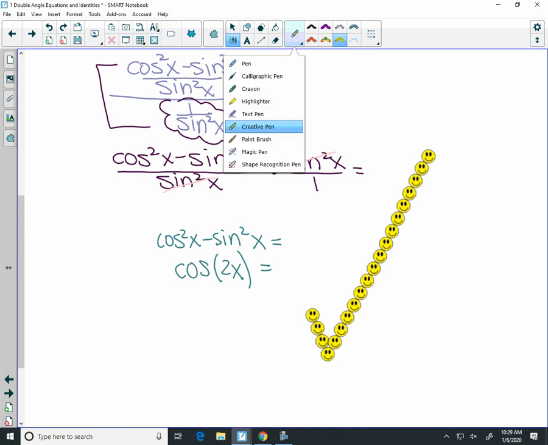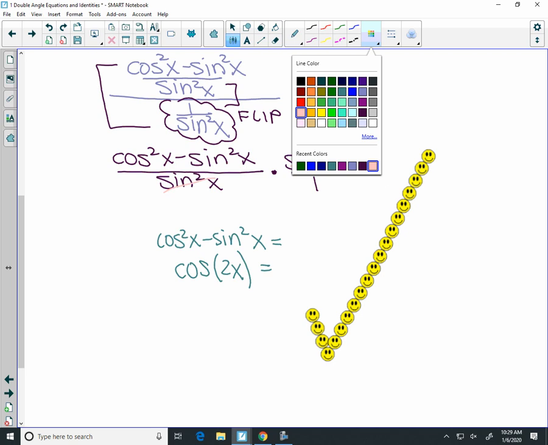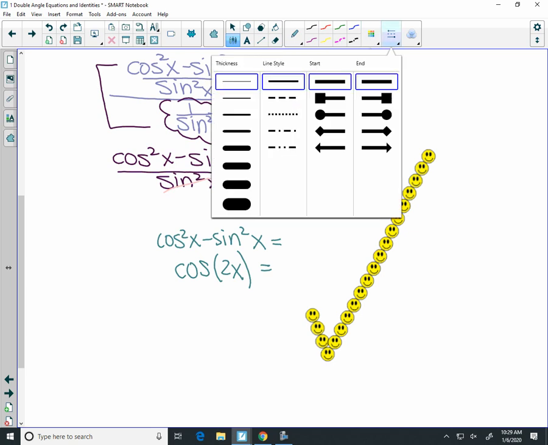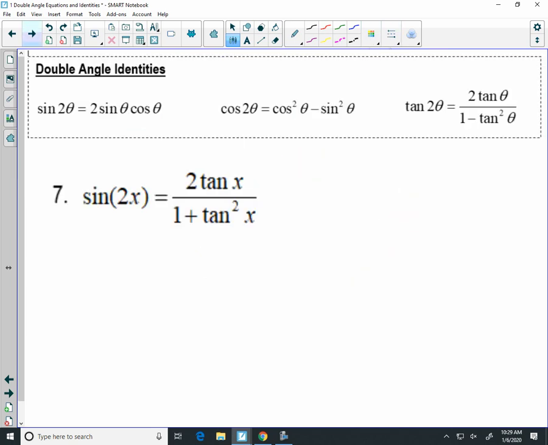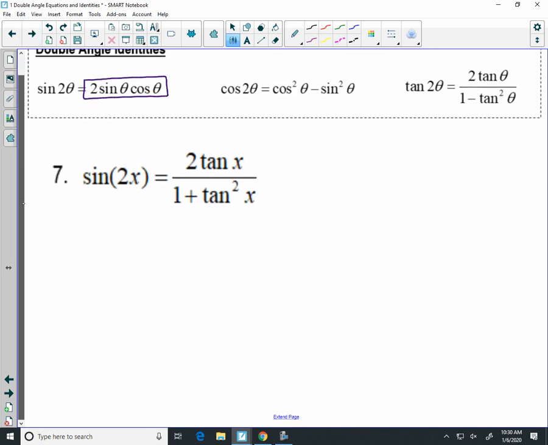Okay, one more for us to do together. So similar to the last problem, when I look at sine of 2x, sine of 2x is the same as 2 times sine times cosine, so that's lovely.